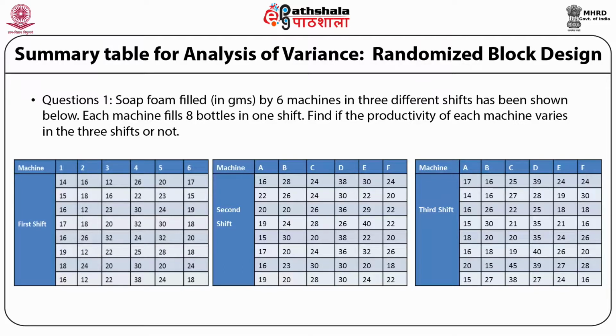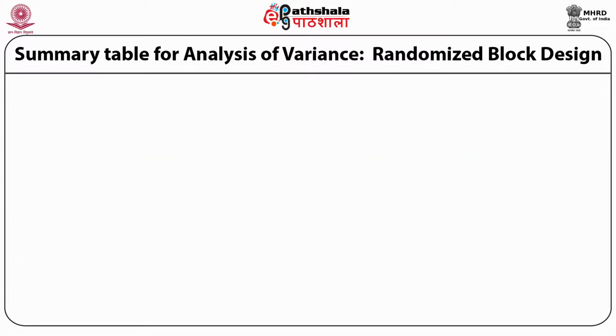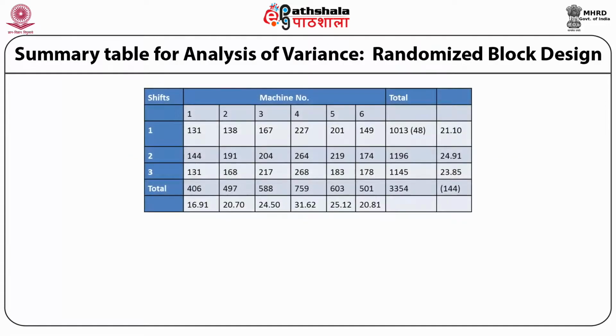Now we want to test if the productivity of each machine varies in the 3 shifts or not. Here you can see the table. In the columns you can see the various machines, and you can see 3 different tables showing the 3 different shifts data.